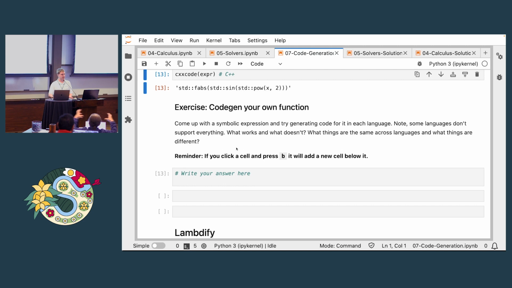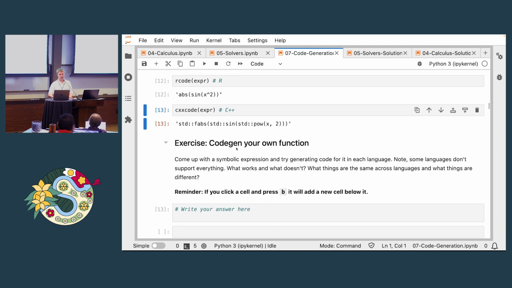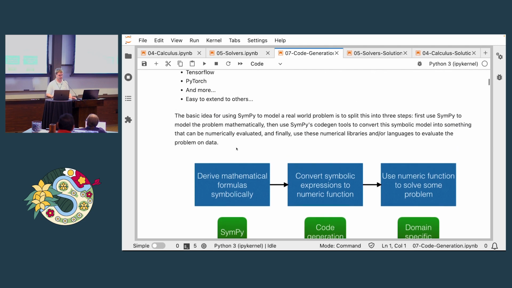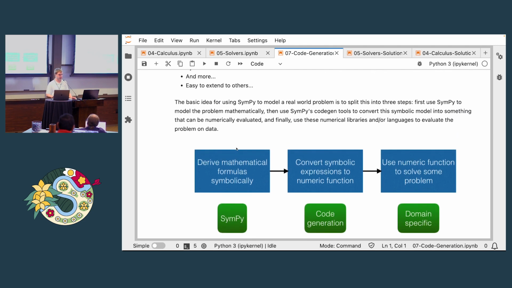Yeah, exactly. I didn't really go over why you'd want to do this, but there's a few reasons. One is you can symbolically simplify your equations before you actually get something that you're numerically evaluating. Another reason is if your domain problem involves formulas that are simply too large and unwieldy to write out by hand.